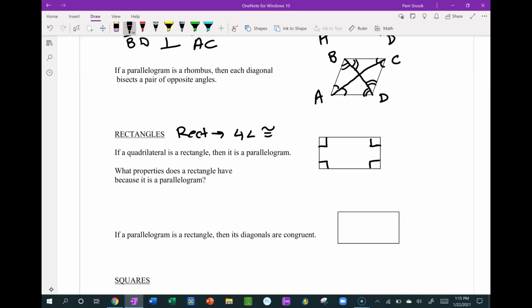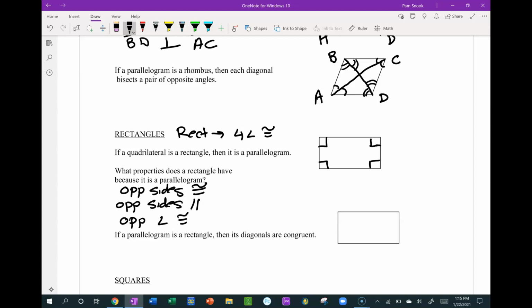Now the properties that this rectangle has, because it's a parallelogram, are just like the ones before. My opposite sides have to be congruent. My opposite sides have to be parallel. We know opposite angles are congruent, and since all four angles are congruent anyways, just kind of check that one off.